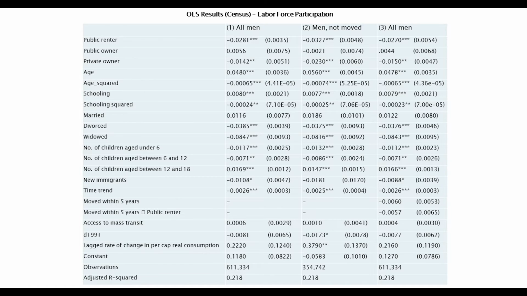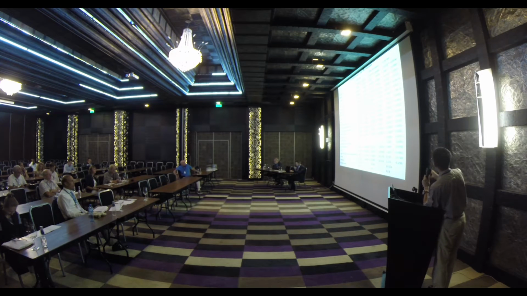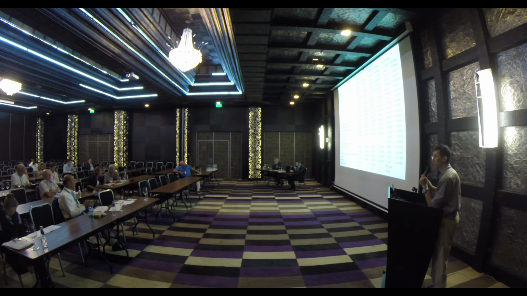If we restrict our attention to those who have not moved, and therefore whose housing status is relatively exogenous, then we get a slightly more negative result, as we would expect. But nevertheless, all these estimates are more or less in the same ballpark, which means that there's not that much of a difference.